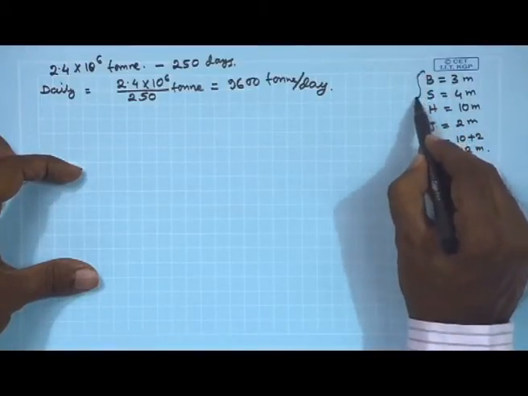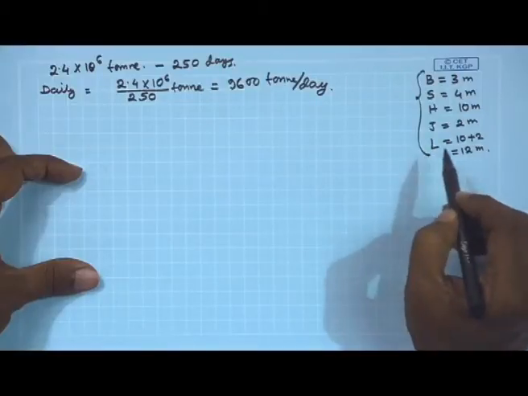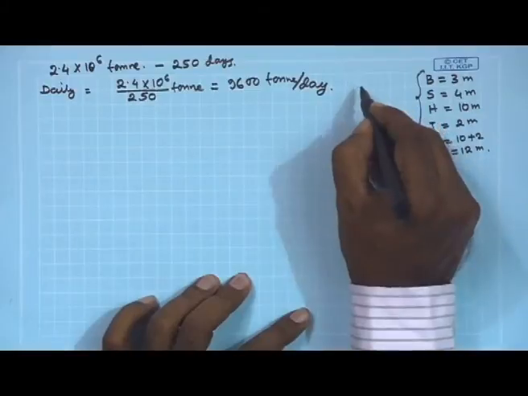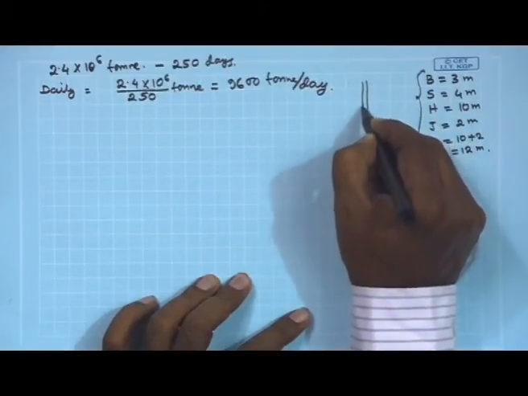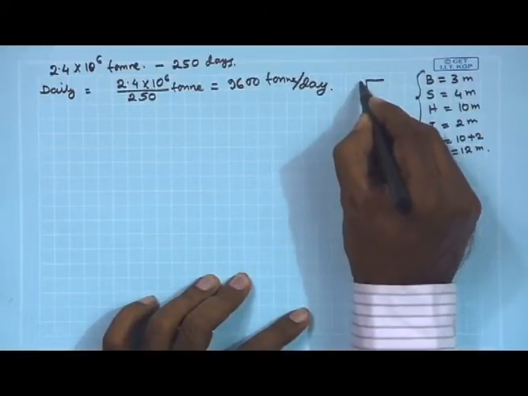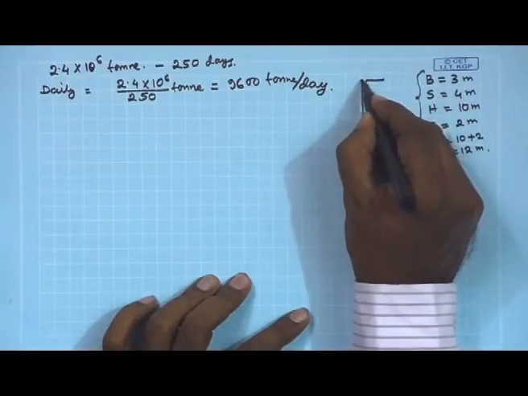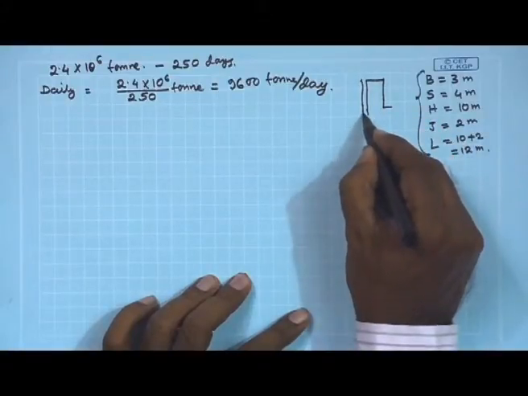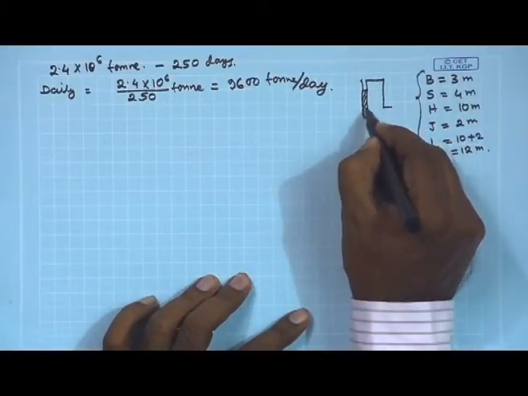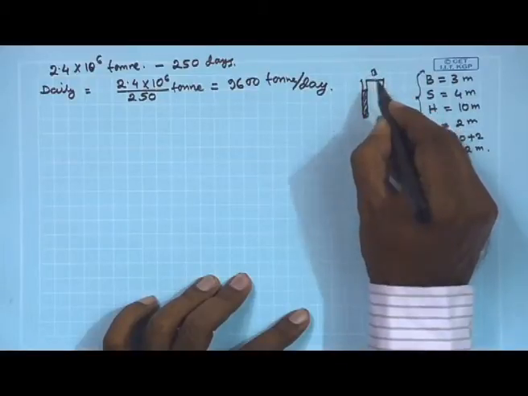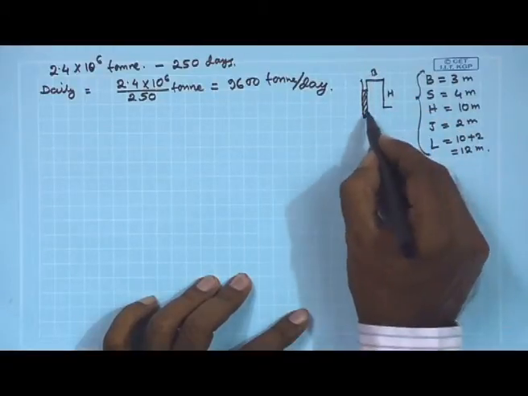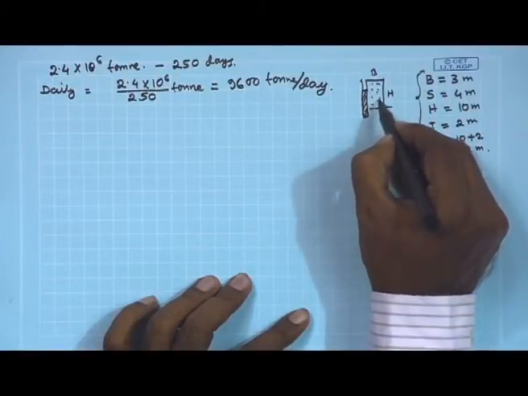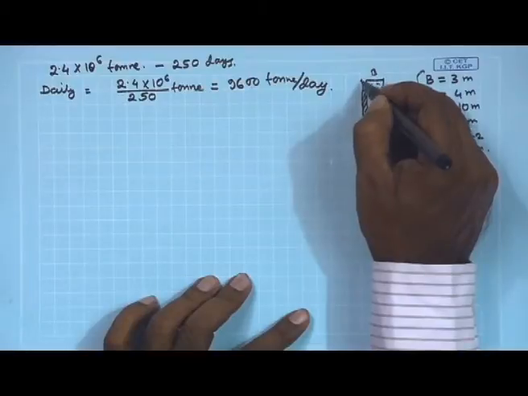Now, from this data we can assess that if we blast one hole of this burden and this bench height, it is expected that this much of material will be fragmented.